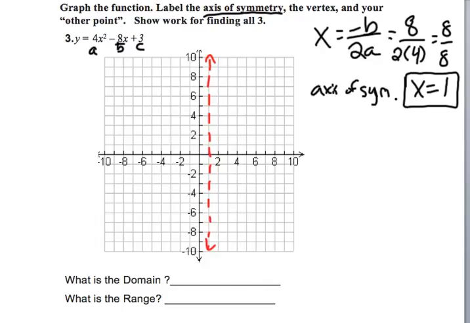Next thing, it says label your vertex. Now remember, the vertex lives on that axis of symmetry. So the x value of the vertex is also going to be 1. To find the y value of that vertex, remember, you're going to plug that 1 back in to the original function.